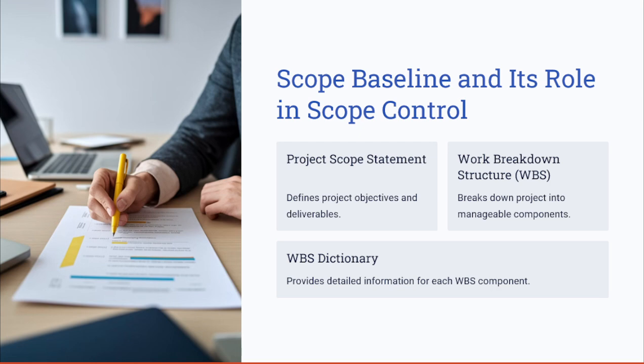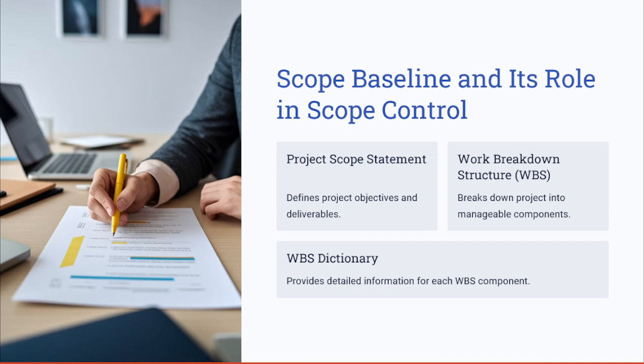Scope baseline is a critical document in scope control. It acts as a benchmark to measure the scope performance against the actual progress. Remember the scope baseline, when we talked about it, consists of the project scope statement, the WBS or work breakdown structure, and the WBS dictionary, which contains all of the activities, details, and assignees of each of these activities in the WBS.